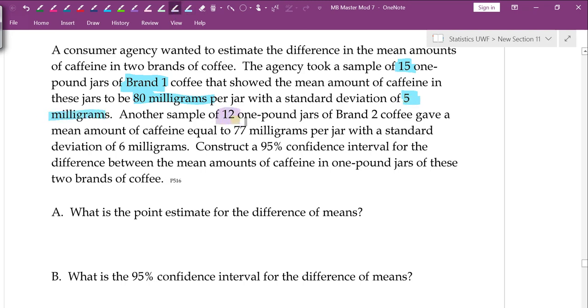Another sample, of size 12 1-pound jars of brand 2, gave a mean amount of caffeine equal to 77 milligrams per jar with a standard deviation of 6 milligrams per jar. It says construct a 95% confidence interval for the difference between the mean amounts of caffeine in 1-pound jars of these 2 different brands.